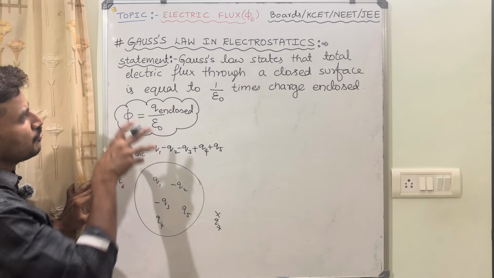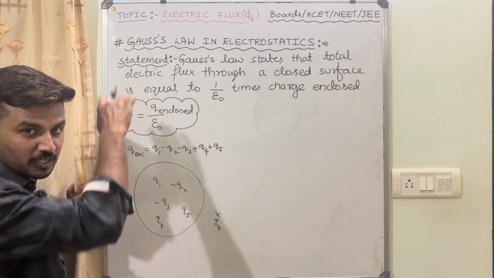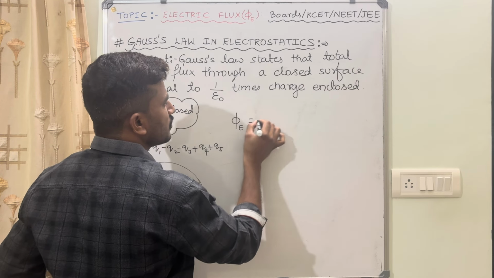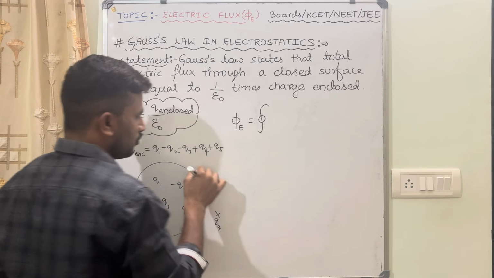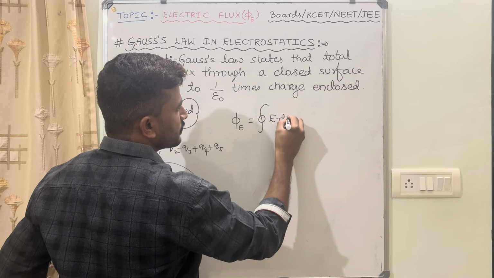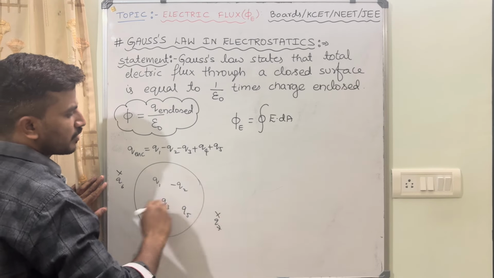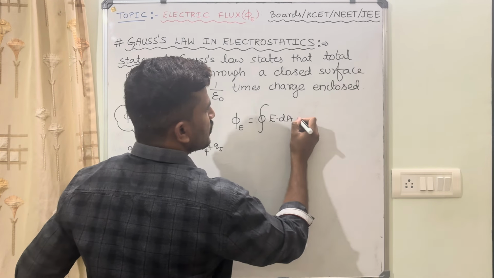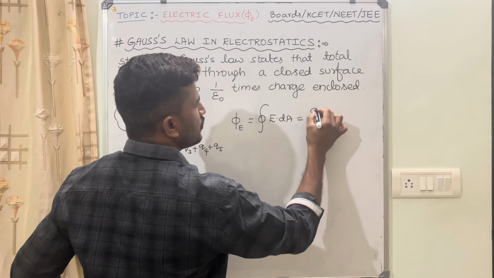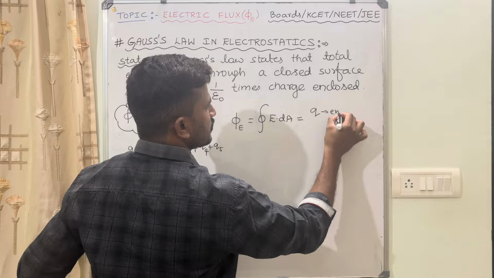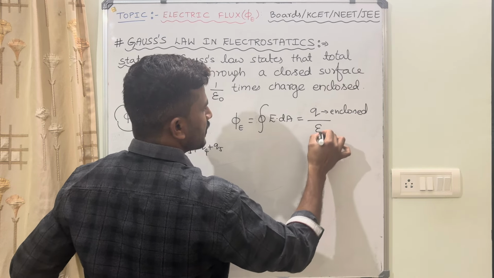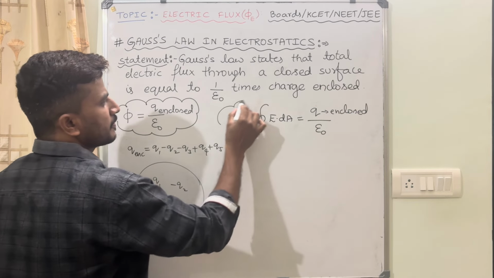Now, if I compare it with the previous formula, electric flux is equal to, in terms of integration over the closed loop, E dot dA. So the electric flux outwards is equal to Q enclosed divided by epsilon naught.